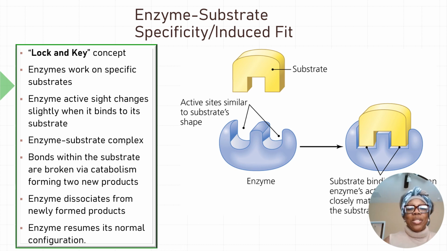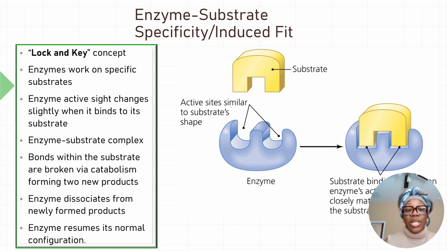When the substrate binds to the active site of the enzyme, we say that an enzyme-substrate complex is formed. Bonds within the substrate are broken via catabolism, so broken down. Catabolism is a metabolic process that breaks down large molecules to form new products.